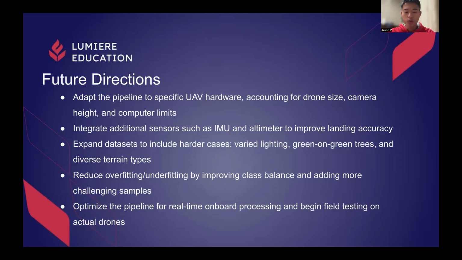Incorporating IMU and altimeter data for more accurate terrain interpretation, expanding the dataset to reduce overfitting and handling more edge cases such as varied lighting, green-on-green environments, and more diverse terrain types, reducing overfitting and underfitting by improving object class balance and adding more challenging samples, and ultimately optimizing the pipeline for real-time onboard processing and conducting full field tests on actual UAV platforms. These steps will bring the system closer to real-world search and rescue deployment.